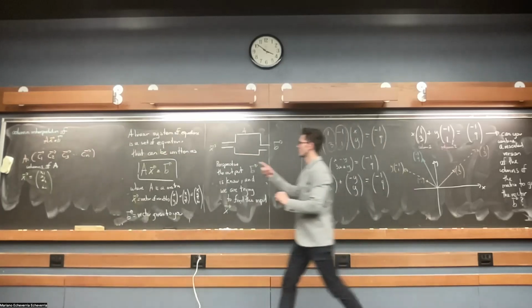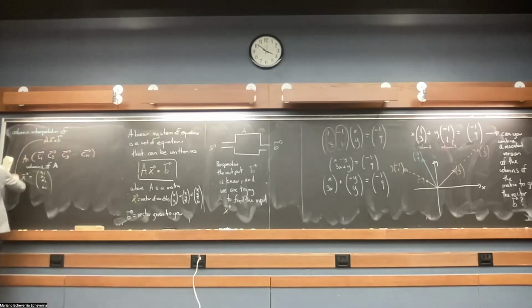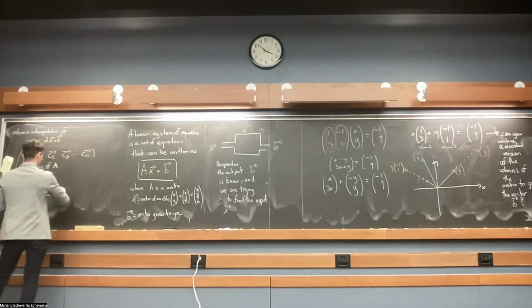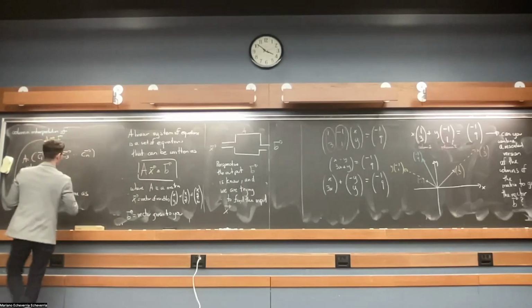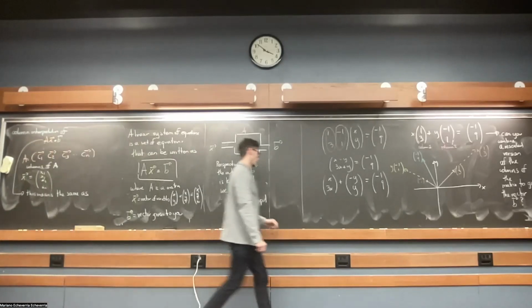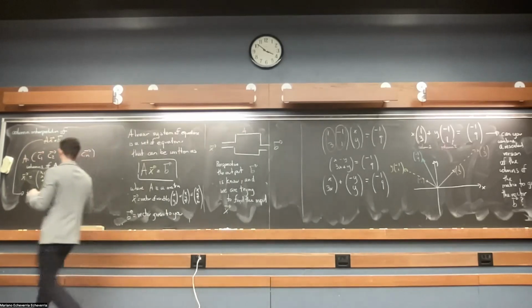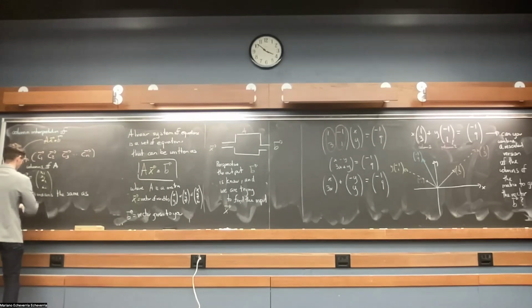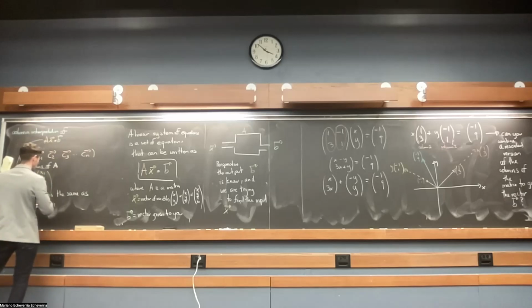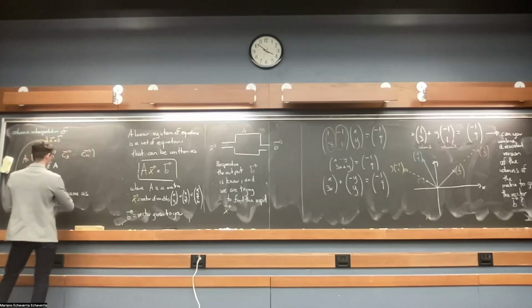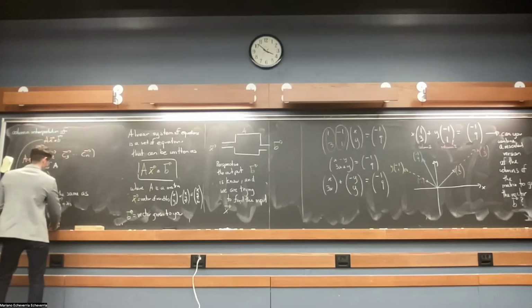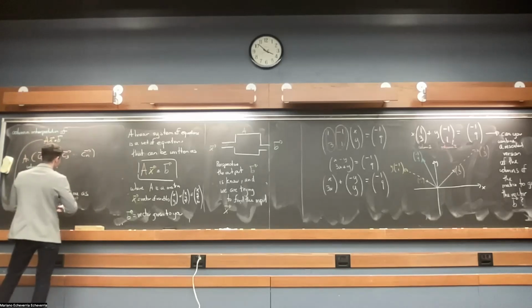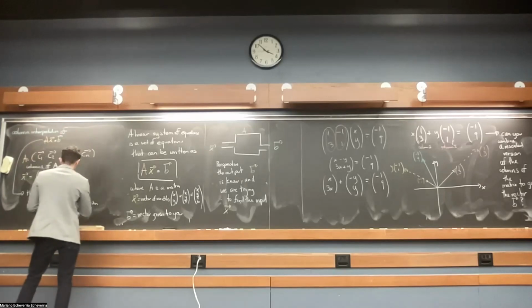Then this system means the same as x1 column 1 plus x2 column 2 plus x3 column 3 up to xn column n equals B.